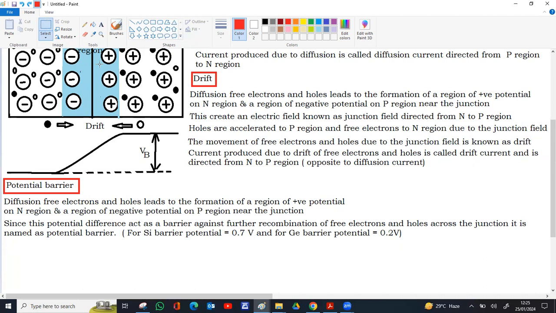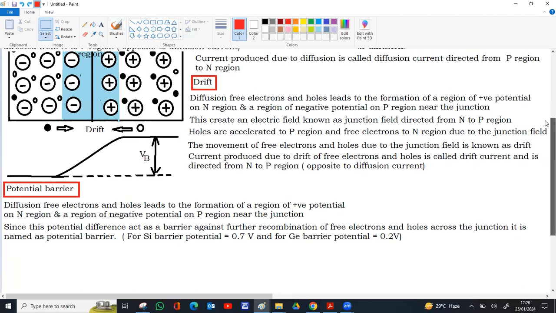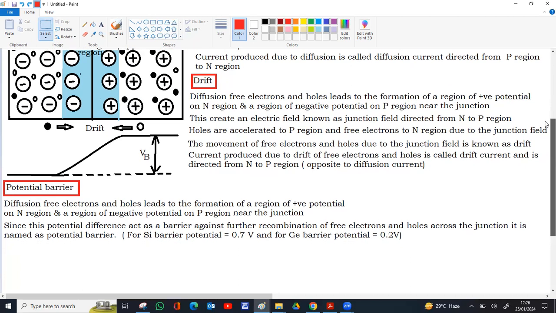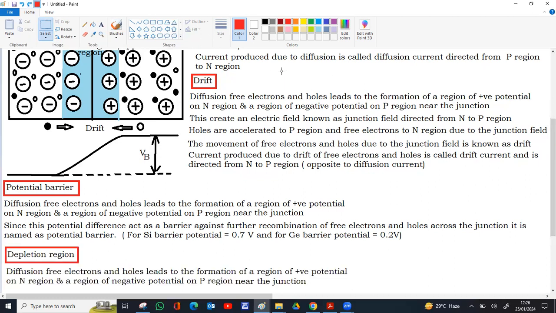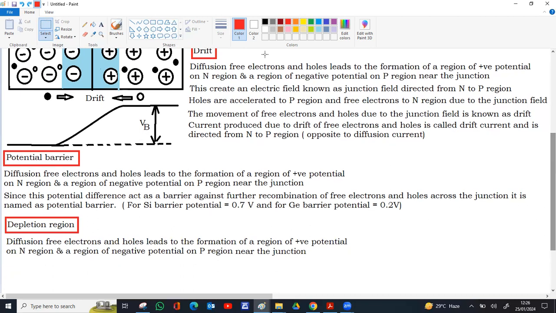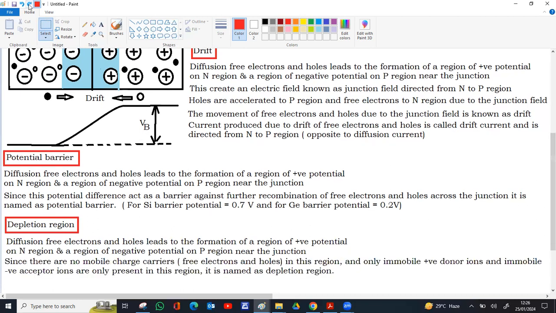Depleted means lost due to recombination. That particular region where there are no free electrons and holes is known as the depletion region. The width of the depletion region is normally in the order of micrometers.